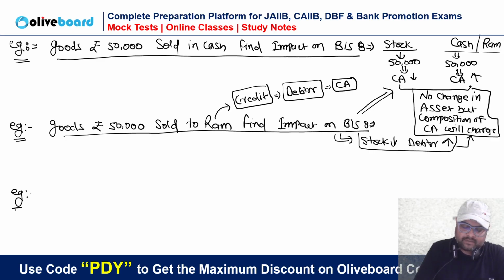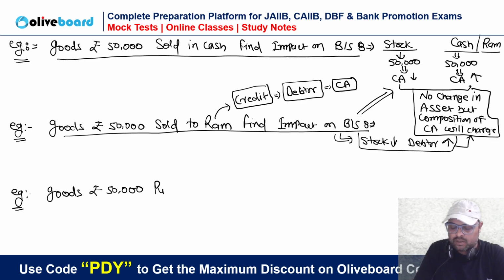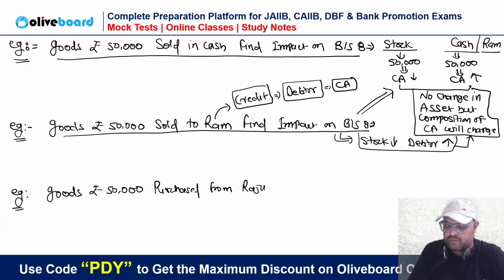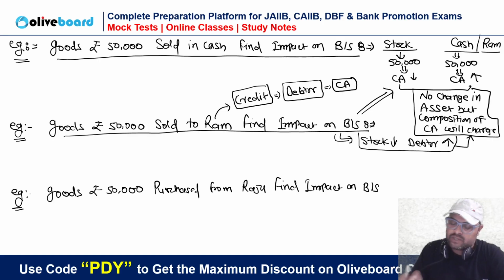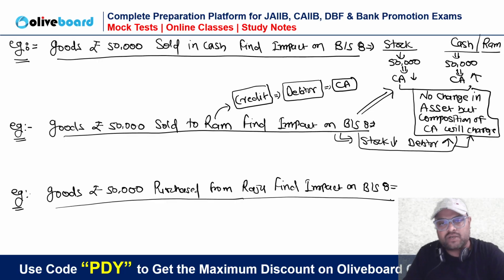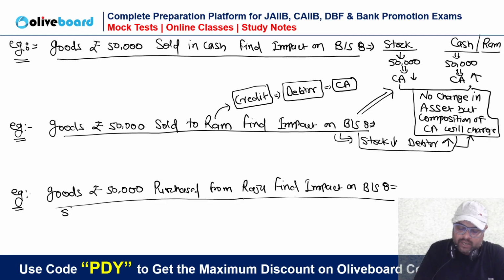Like goods rupees 50,000. Now we purchased from Raju. Same, they will ask find impact on balance sheet. Now when you are buying something on credit, when you buy, your stock will increase by 50,000.